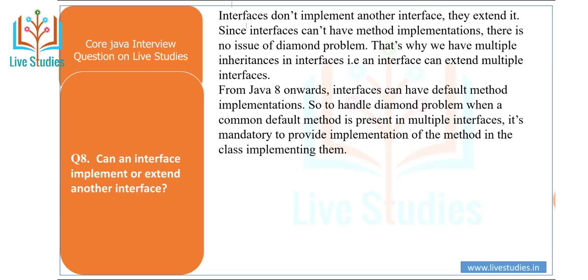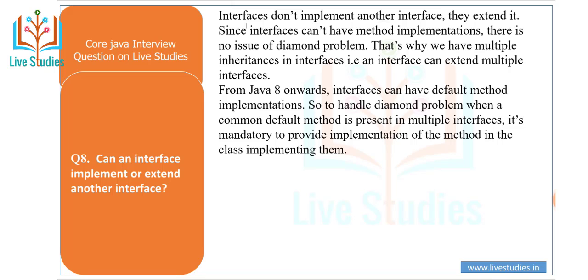Can an interface implement or extend another interface? Answer is no. Interface doesn't implement another interface, they extend it. Since interface can't have method implementation, there is no issue of diamond problem. Means that is why we have multiple inheritance in interface.